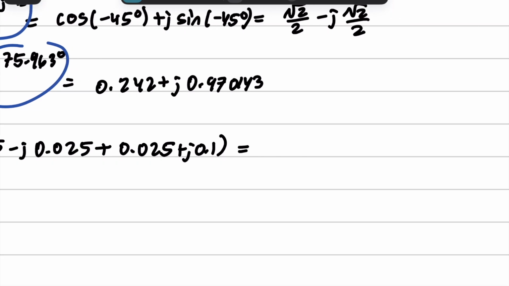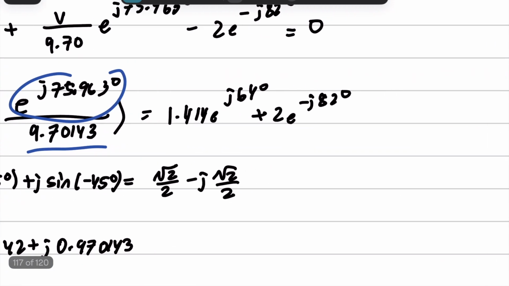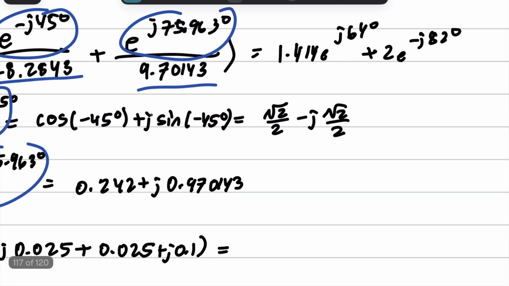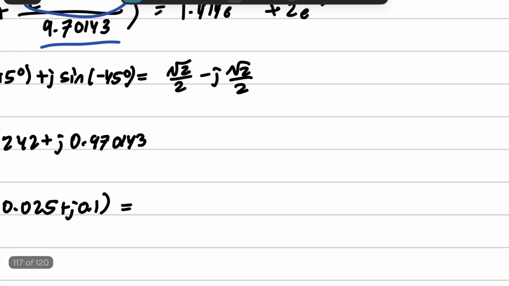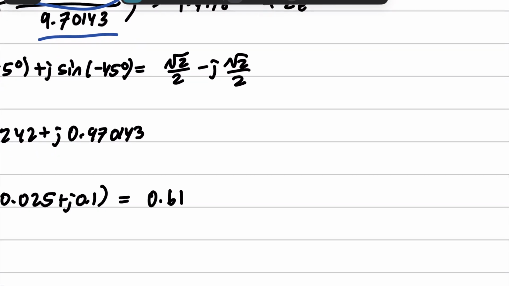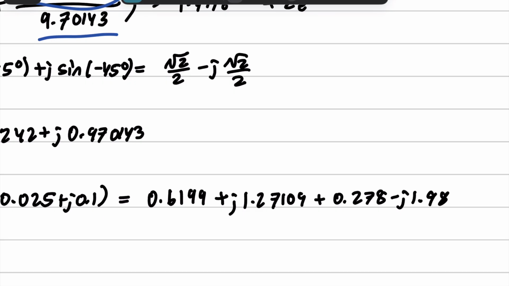And on the other side, once you've plugged in all of these things using Euler's equation, you're going to get 0.6199 plus j1.27109 plus 0.278 minus j1.9805.